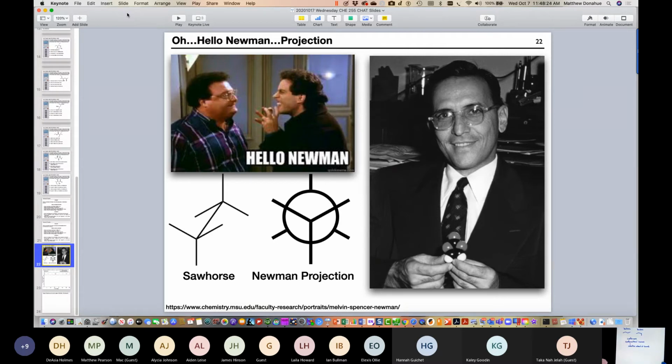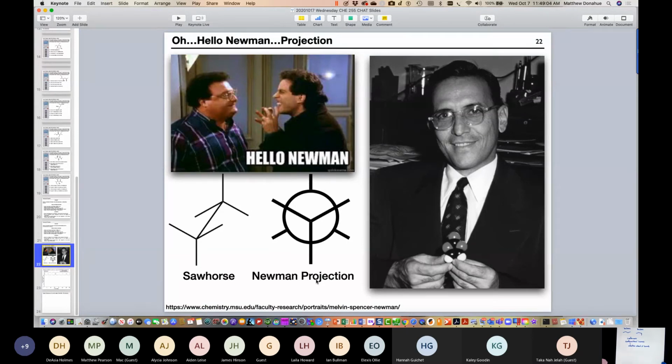And as we see on the slide that's presented, I have Jerry Seinfeld talking to his neighbor, Newman. If you're familiar with Seinfeld, those two didn't really get along. So Jerry would always be like, "Hello, Newman." And so to the right is an academic professor from The Ohio State University named Melvin Newman, who came up with this way of thinking about molecules called the Newman Projection.